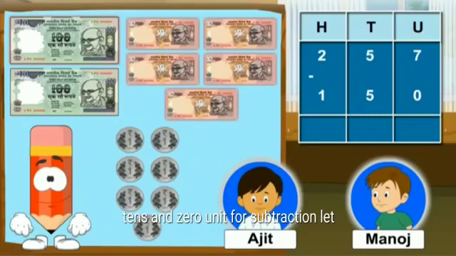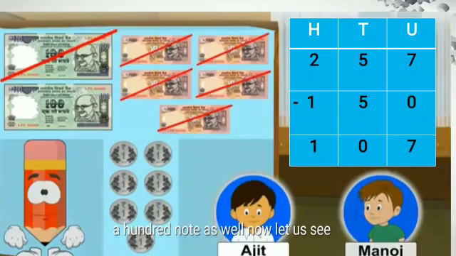And from that he gave 150 rupees to Manoj. So 150 we have to cancel from this. So 100 we have to cancel, 5 tens we have to cancel and 0 units we have to cancel. I have cancelled here a 100 rupee note, 5 tens, and there is 0 cancellation of units.